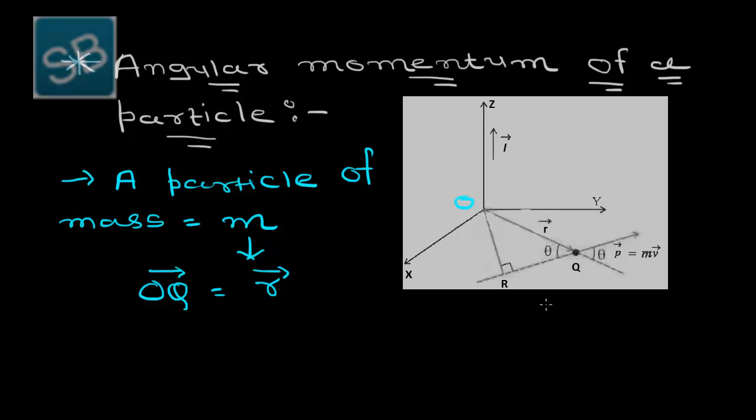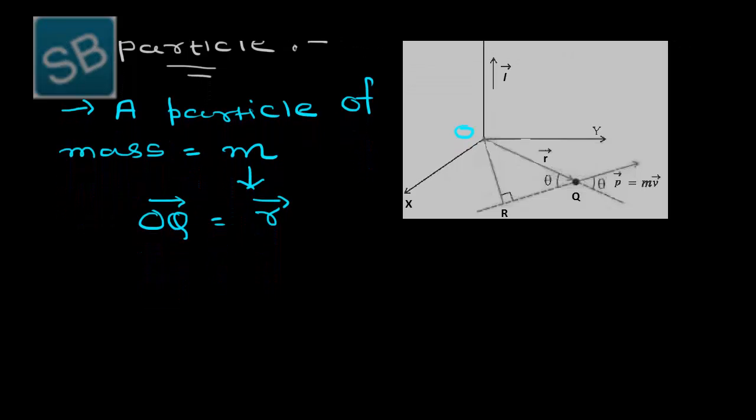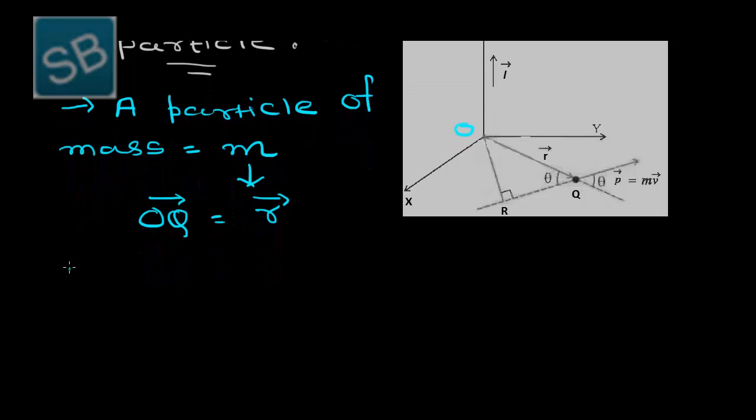Here, if you want to find out the linear velocity of this particle, then I consider that the linear velocity is small v.